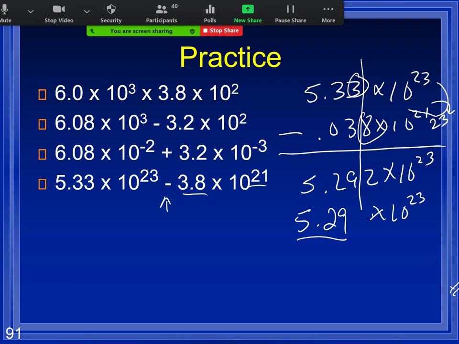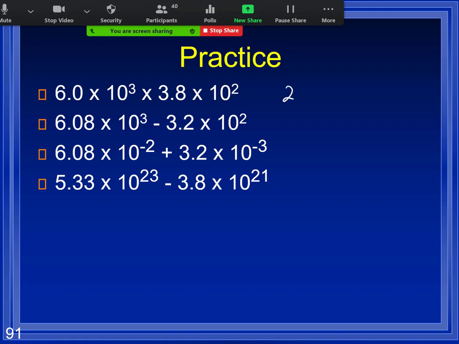And it gives me 2,280,000. Two sig figs, 3 sig figs. So I round the 2 into a 3 and I get 2,300,000, just like I always would.